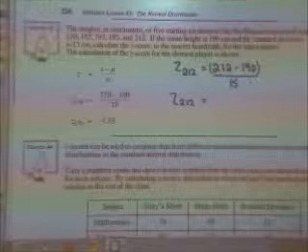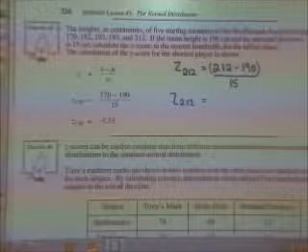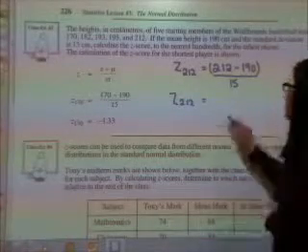Your batteries are what? Yeah. 199.222. 199? Did you divide? I would double check that. Pardon me? 1.46.